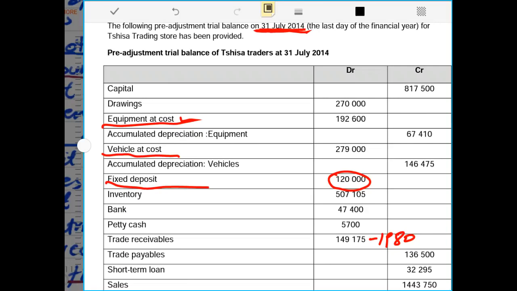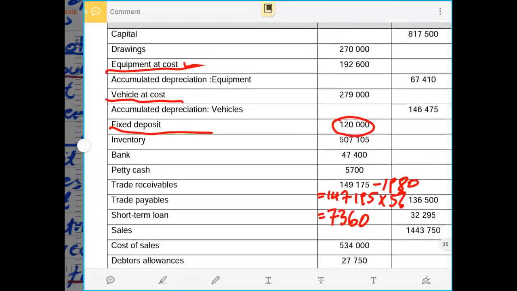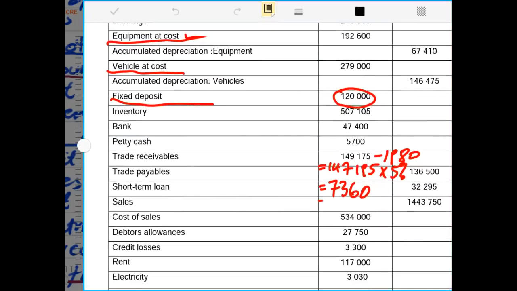If you say 149,175 minus 1,980, that will give us an amount of 147,195. Then times this by 5%, it will give us an amount of 7,360. I rounded off to the whole number, please. Otherwise, there are decimals. So this is the amount of the allowance at the end of the current accounting period.